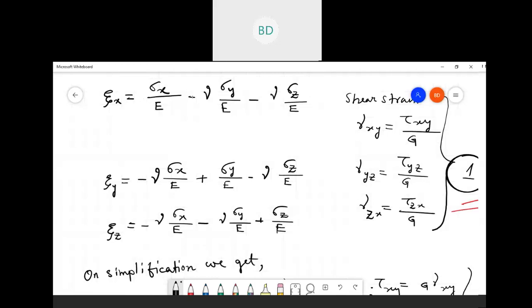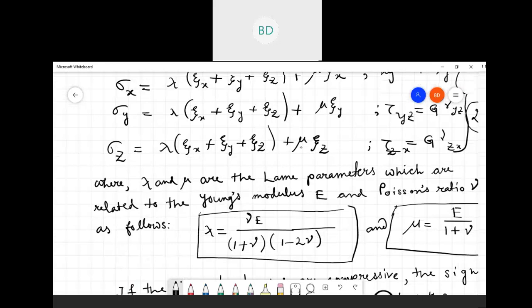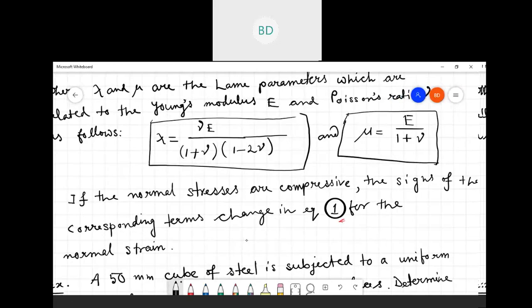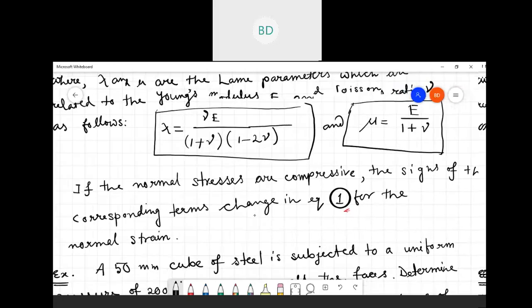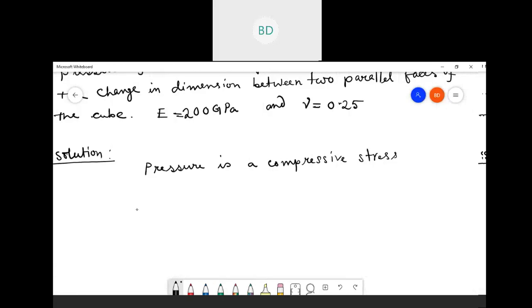This is for longitudinal or normal strain. I have mentioned that here: if the normal stresses are compressive, the signs of the corresponding terms change in equation 1 for the normal strain. So as we are encountered with a problem with compressive stress, we have to change the sign.